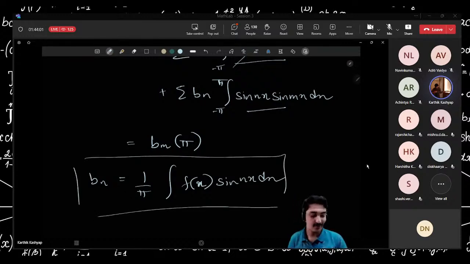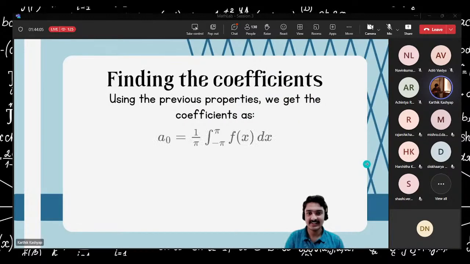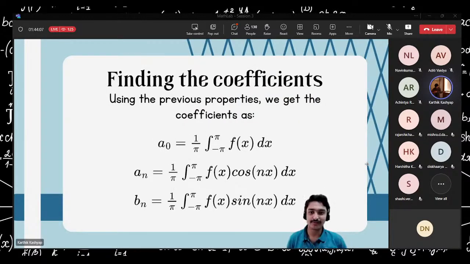So we have found all the coefficient values corresponding to the given function. Moving on to the slides, this is what we have gotten so far. a naught is 1 by pi times the integral of f(x) dx, a_n is 1 by pi times the integral of f(x) cos nx dx, and b_n is 1 by pi times the integral of f(x) sin nx dx.